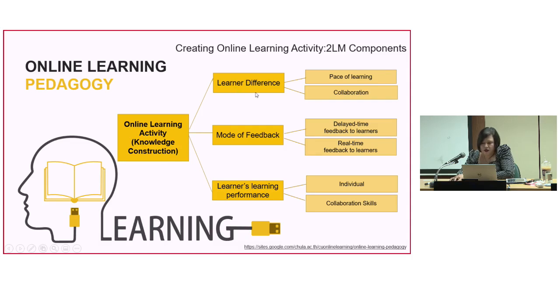For learner difference, we place the learning and use collaboration. And for the feedback, you can give two types: delayed time feedback to the learner, or real time feedback to the learner. Real time is such as in your meeting, where you give the feedback to them immediately. Another one is learner learning performance.